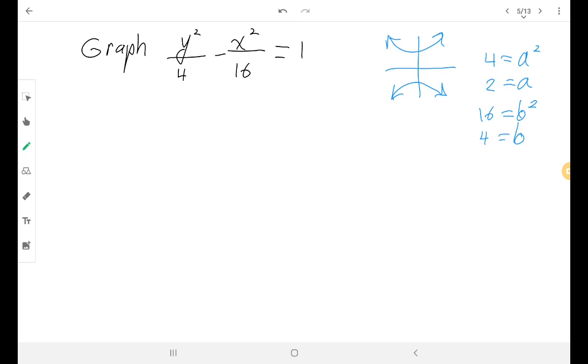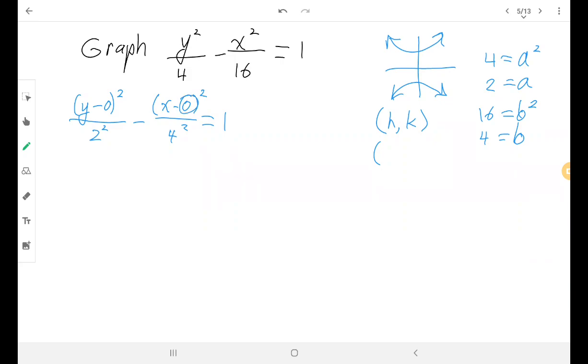Also, I've got to think about what my h, k, my center, is. Well, if you think of y as y minus 0, and let's put it over 2 squared, we'll call it 2 squared instead of 4, minus the x minus 0 squared over 4 squared equals 1, then we've really got the information that we need.